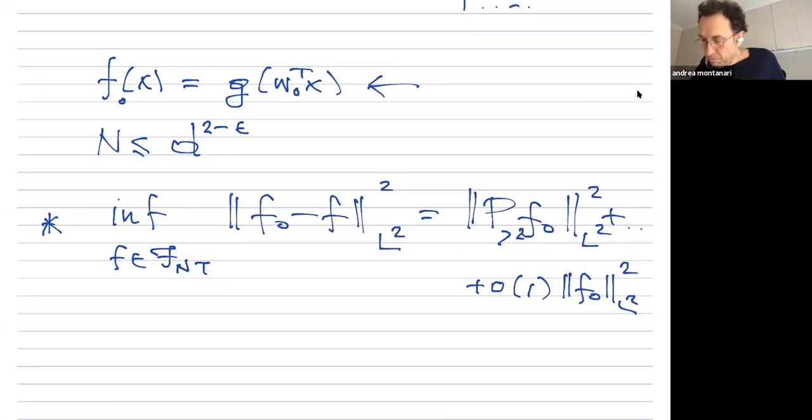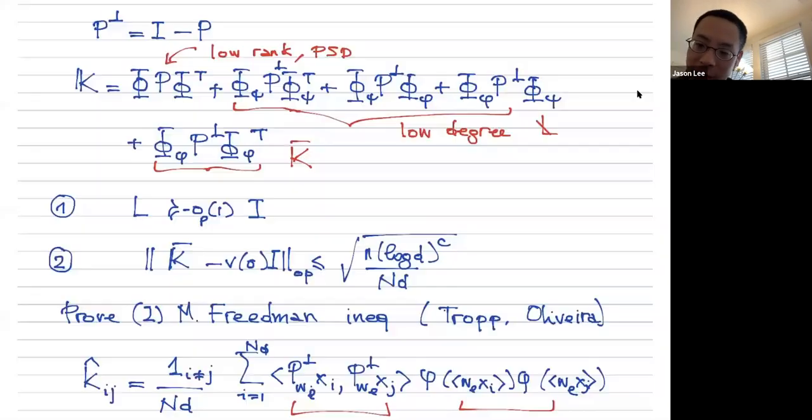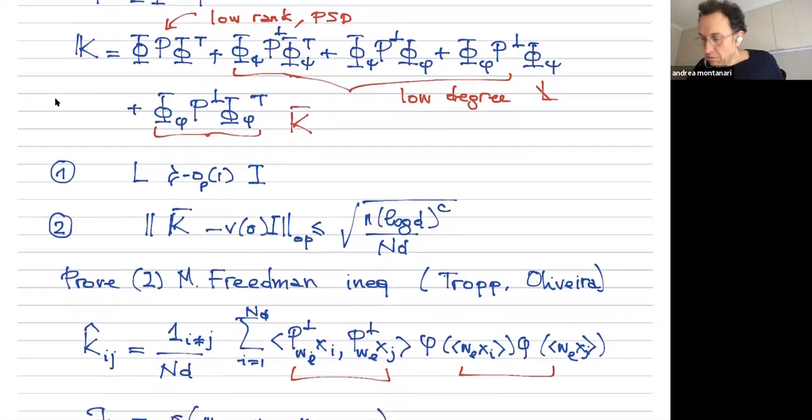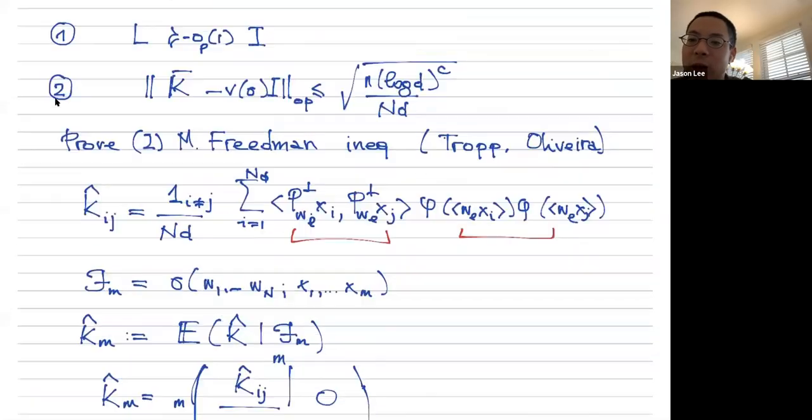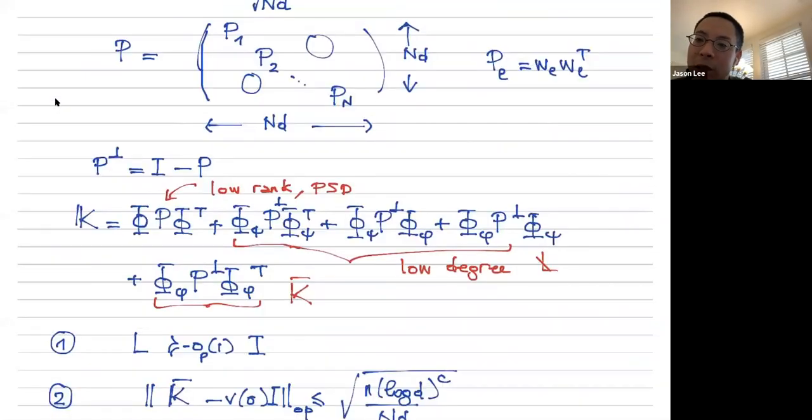If I had infinite width, capital N, the population Jacobian, the population kernel, is the lowest eigenvalue also v?